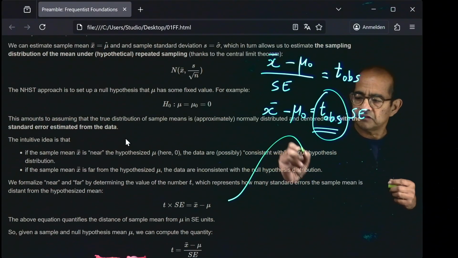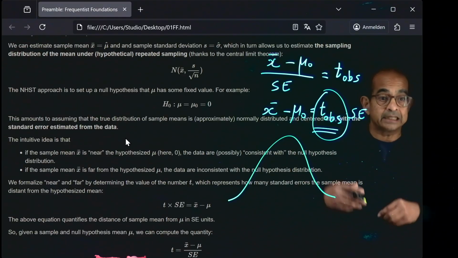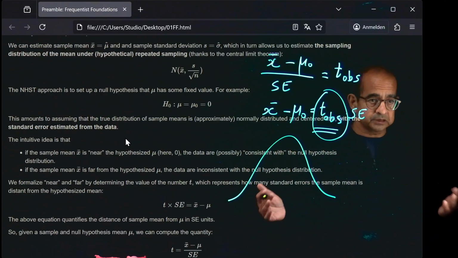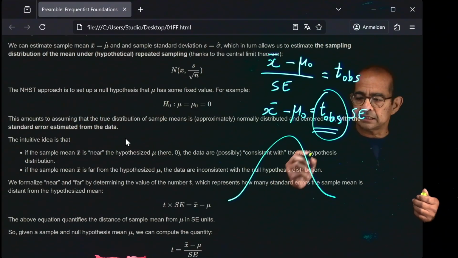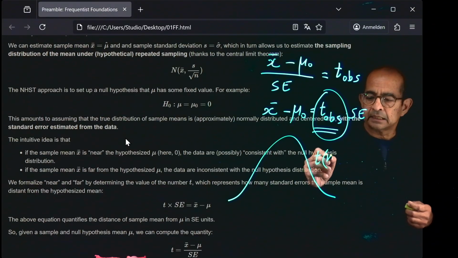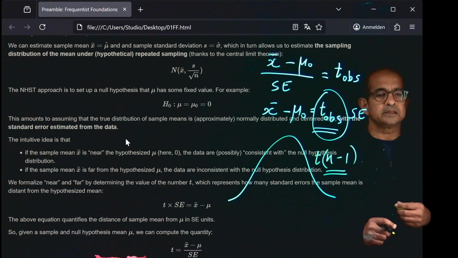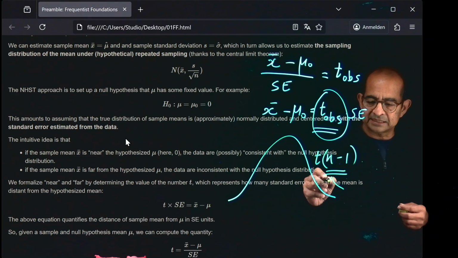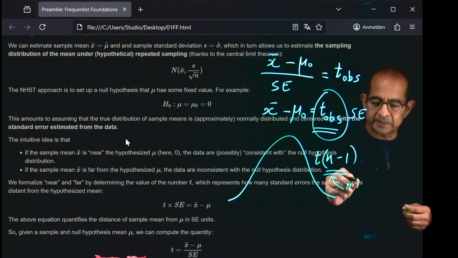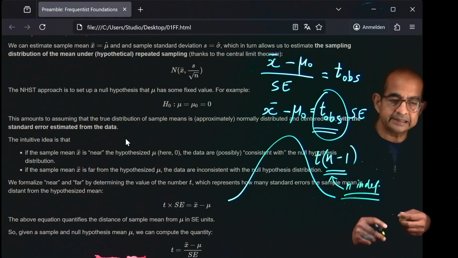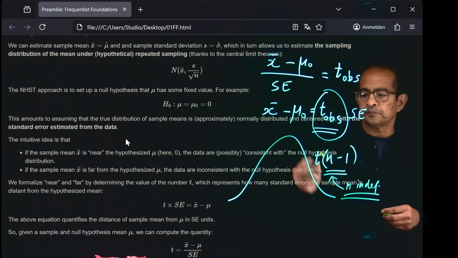So the t-values that I could observe under hypothetical repeated sampling would also have some distribution associated with them. That distribution is called the t-distribution, and is parameterized by something called the degrees of freedom, which is the number of data points minus 1. You have to remember that I'm assuming here that these are n independent data points. I'll come back to this point later on.